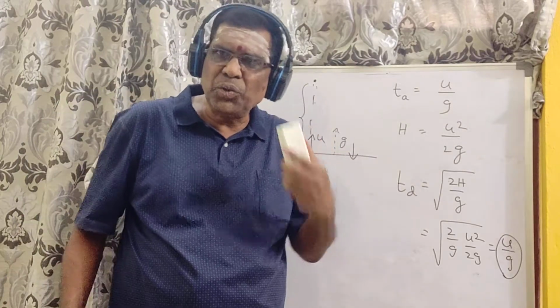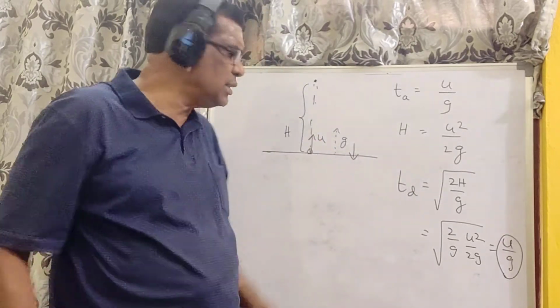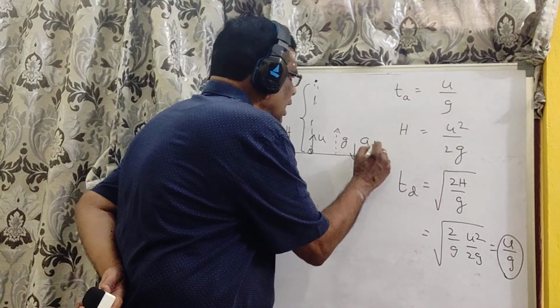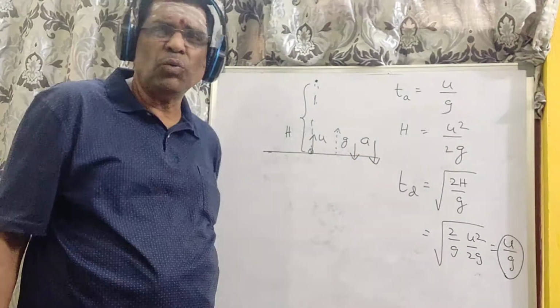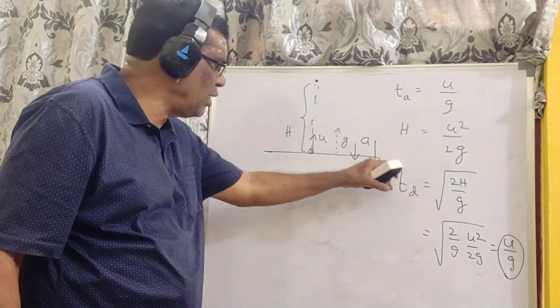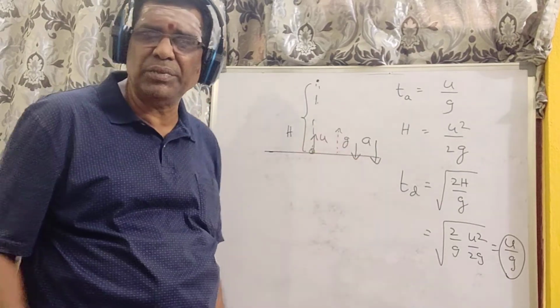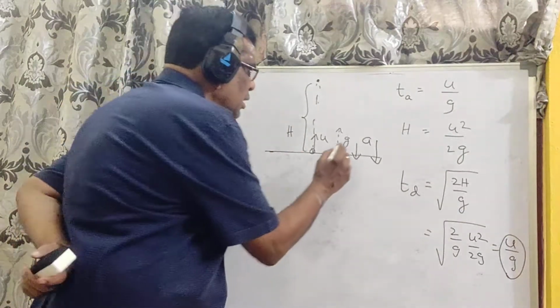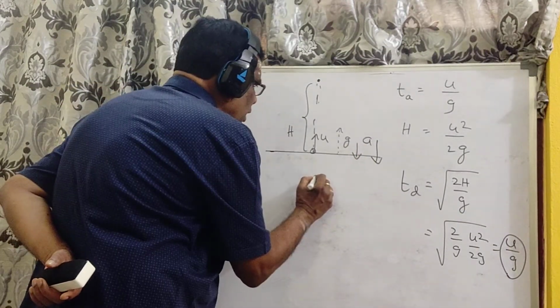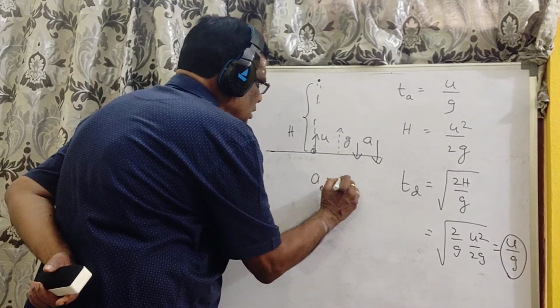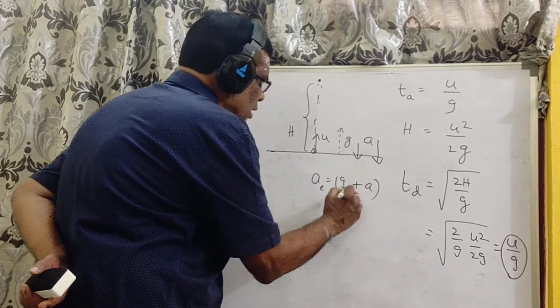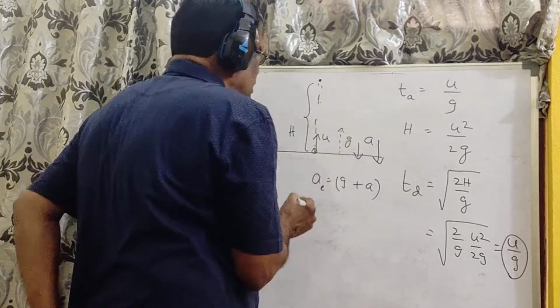So I want to take the resistance acceleration as a. So what is the effective retardation or effective acceleration that this body is subject to during ascent? The effective acceleration will be a effective is g plus a. So what will be your time of ascent?